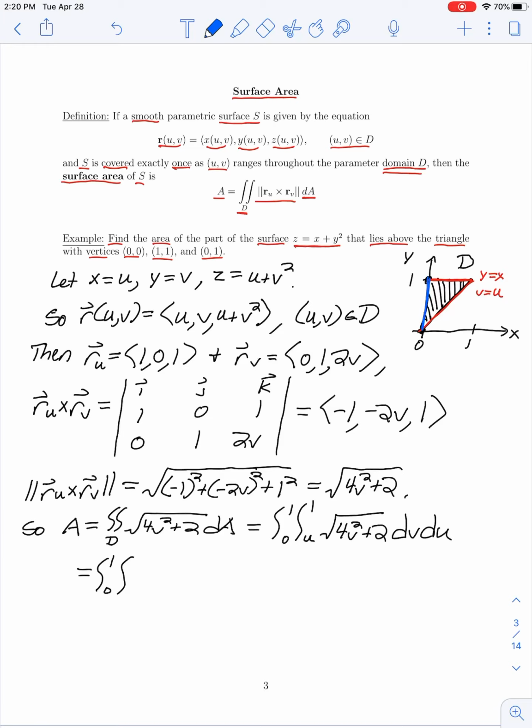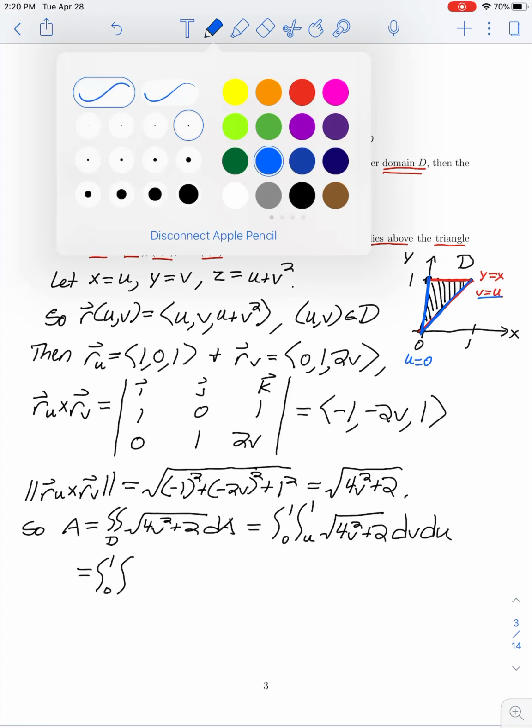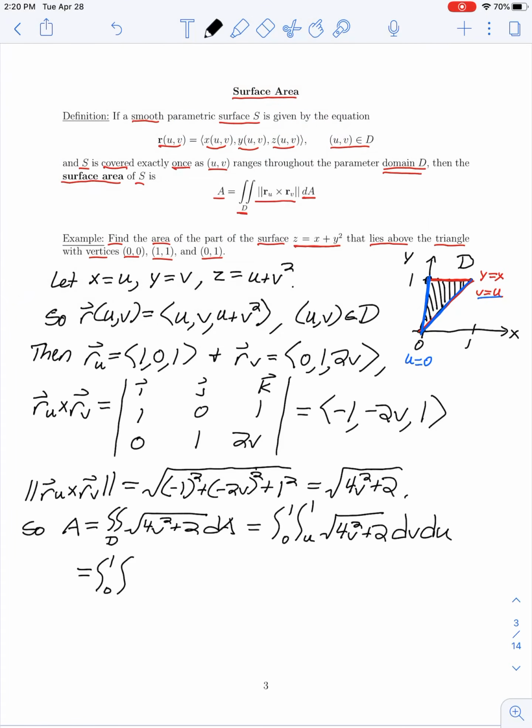So u could be bounded on the left by the constant x equals 0, or u equals 0, and on the right by the same line, y equals x, or u equals v. So our range of values for u would be from 0 to v, and our function is still the same, the square root of 4v squared plus 2, now in the order du dv.